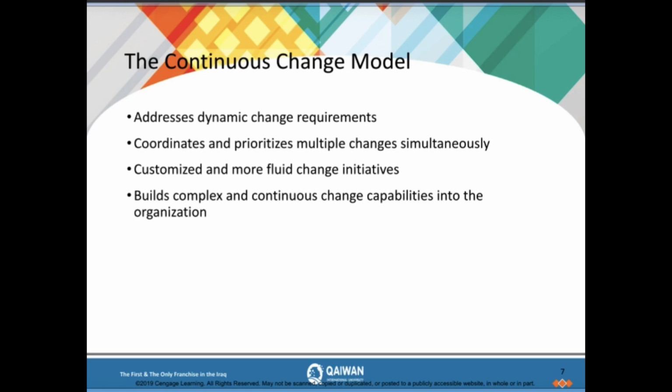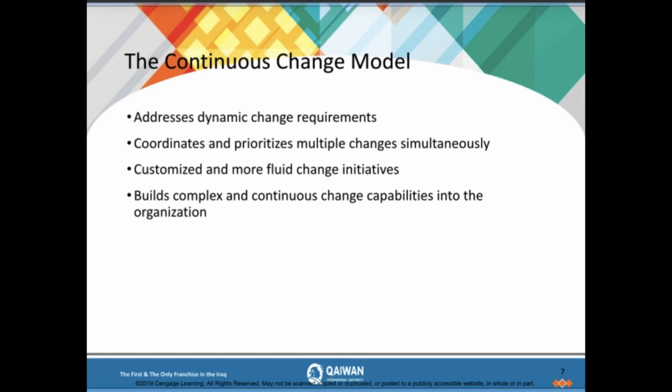And the second, it coordinates and prioritizes multiple changes simultaneously. In real life, an organization needs to implement several changes at once. So this model helps them to manage everything without any problem.